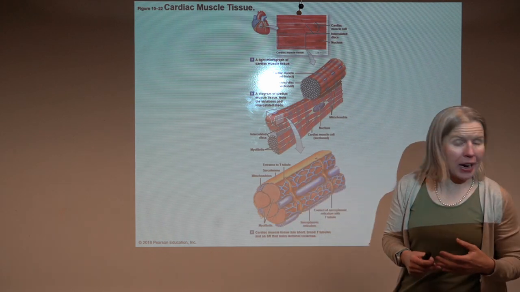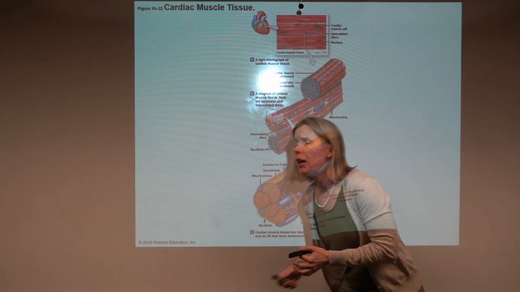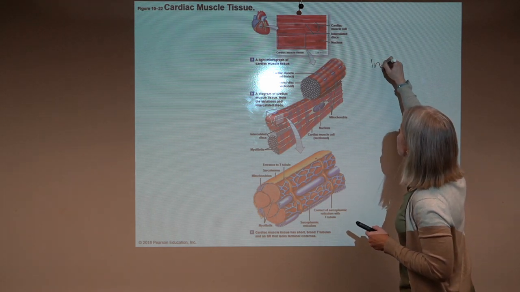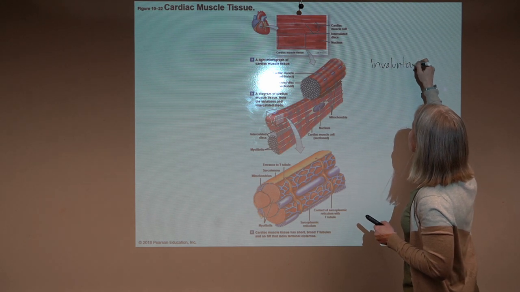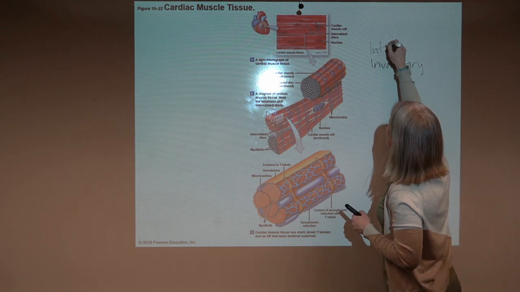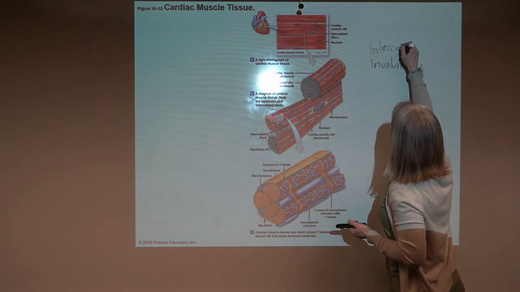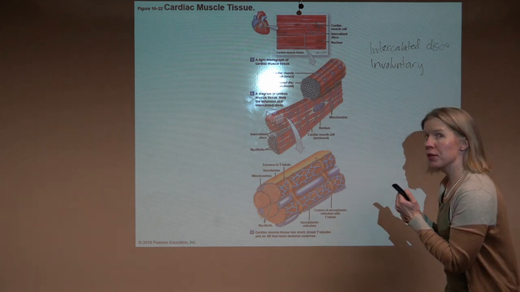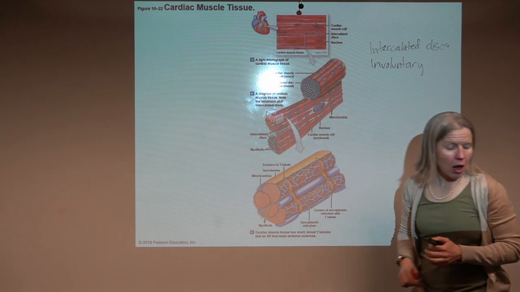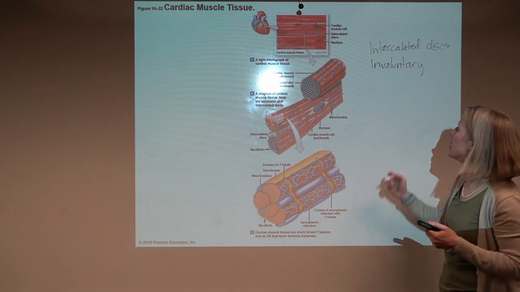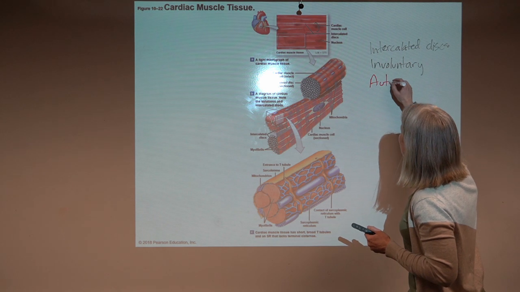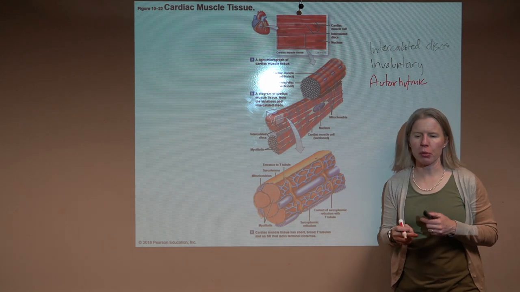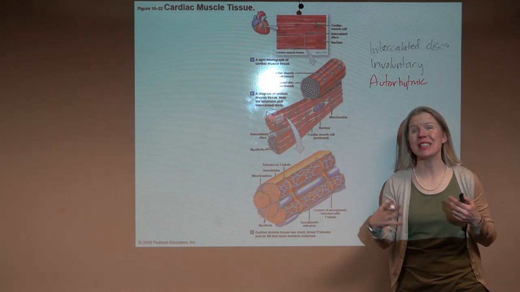Other things to keep in mind here, cardiac muscle definitely differs in that it's involuntary. You need intercalated discs, and again, those have the gap junctions and the desmosomes. Cardiac muscle is involuntary. It's also autorhythmic, or some places you'll see it called automatic or automaticity.